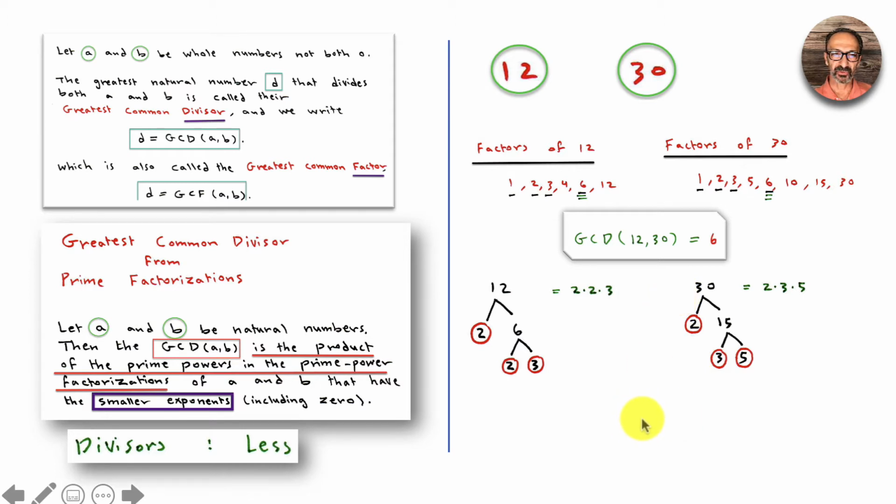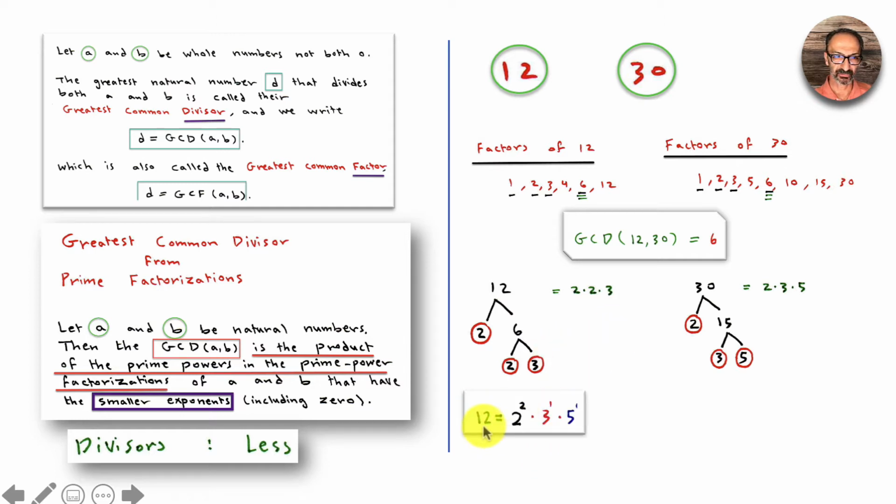If you notice, the prime factors of 12 are 2, 2, 3. And the prime factors of 30 are 2, 3, 5. But overall, in the same problem, we're looking at 2s, 3s, and 5s.